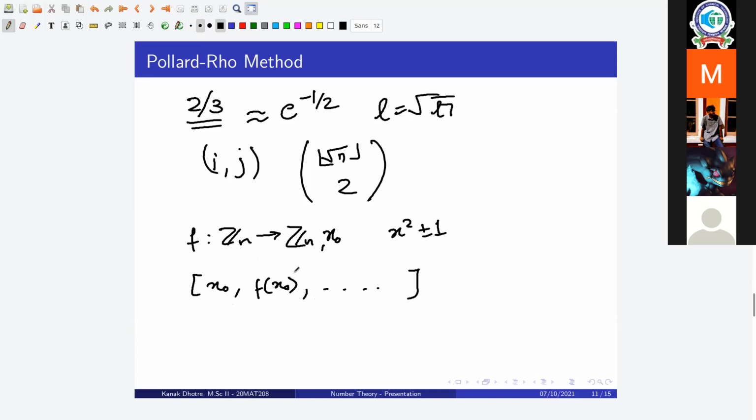The advantage of doing this is, like we'll see now, if I look at how these values behave congruent to n, you'll see that it essentially runs into a cycle.